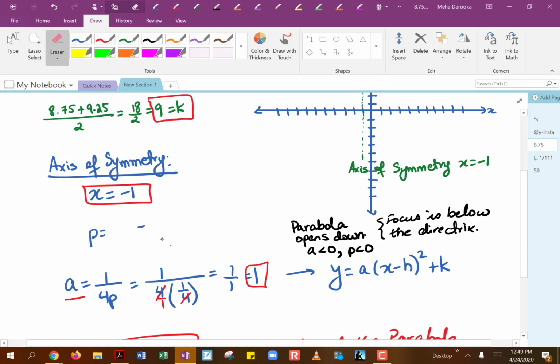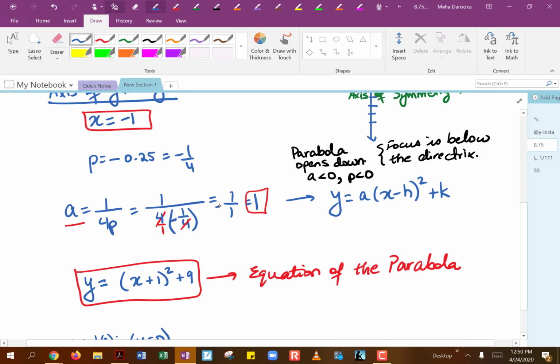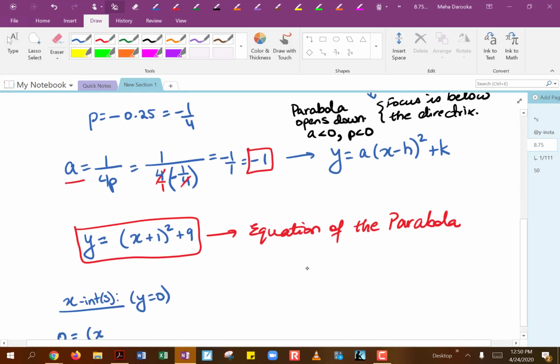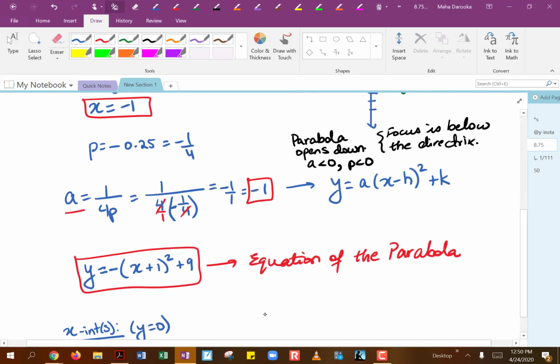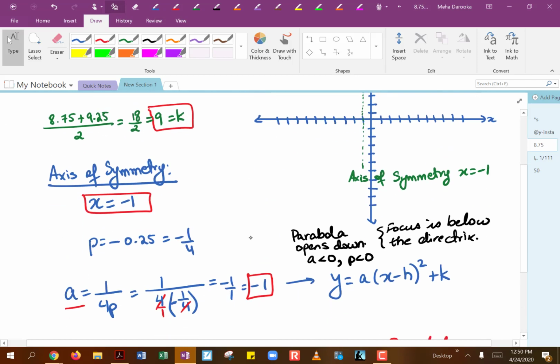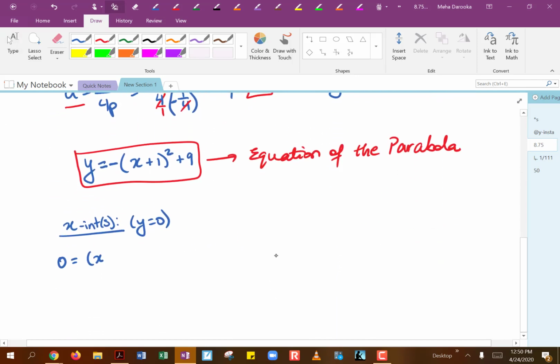Let's rewrite this. This should be negative 0.25, or -1/4. So that means our a value will actually also end up becoming -1. So this should be -1. Sorry about that, I was not paying attention. So that means this will be negative here. Alright, so we should have negative x plus 1 squared plus 9.